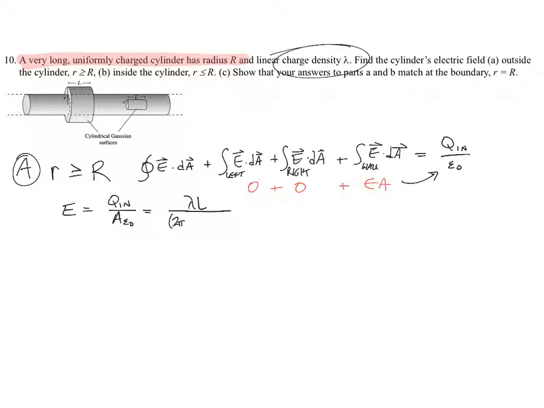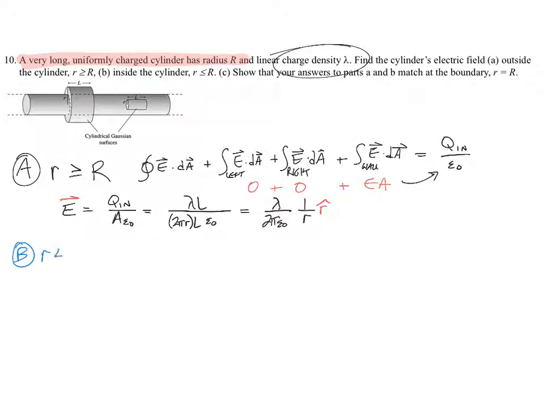The area is going to be 2 pi RL, okay? Because we're dealing with a cylinder, and then the epsilon naught. And so, in the end, we'll get all of our constants, 2 pi epsilon naught, and we'll have our 1 over r here. And so as a vector, once again, we have this version of things. So it's sort of a repeat of the last one. Nothing really new under the sun.